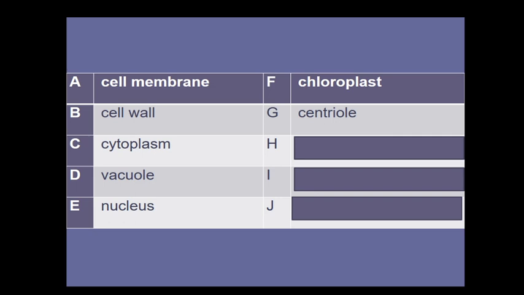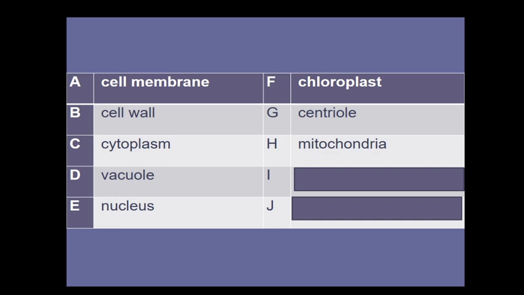Right, then we have H. H is touching that oval shaped thing. Ooh, it's got a smooth outer membrane and a folded inner membrane. Can you remember what that might be? You drew a diagram of it on page 31. It's the mitochondria.